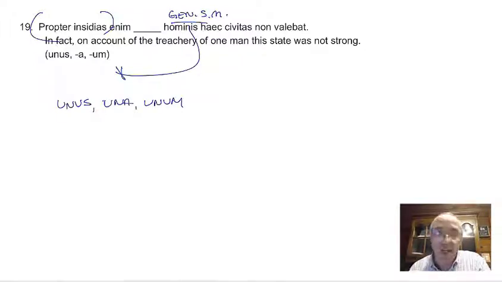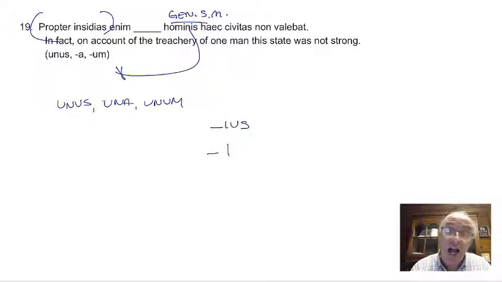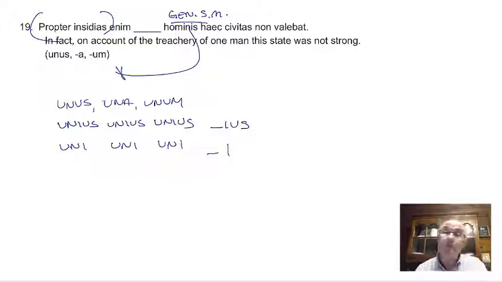What do you know about the genitive? The genitive is IUS, the dative is I. In other words, it's unius. Let me rearrange this here just a minute because it's very important. I want to be sure you understand that. The genitive is IUS, the dative is I, and then the rest is regular. Unius, unius, unius, uni, uni, uni.